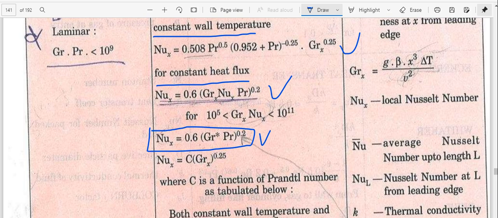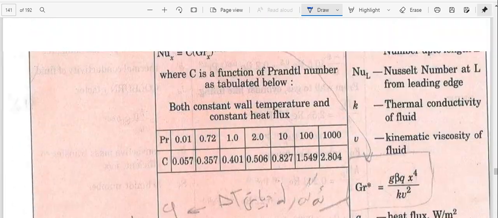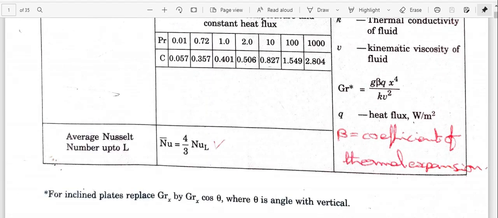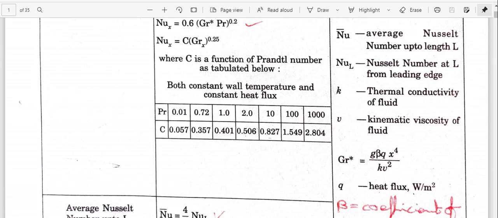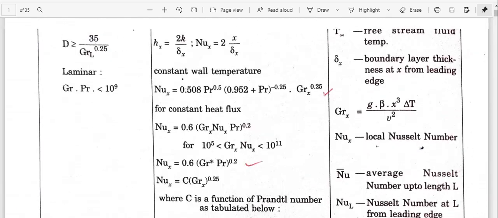So here Gr is the Grashof number. This is the formula: g into beta into x cube delta T by nu square. Here beta is the coefficient of thermal expansion.